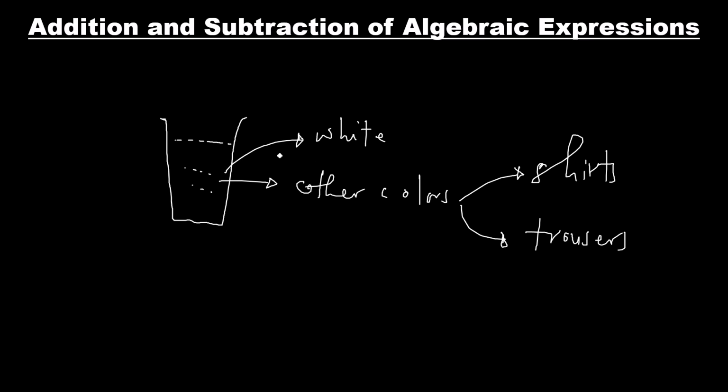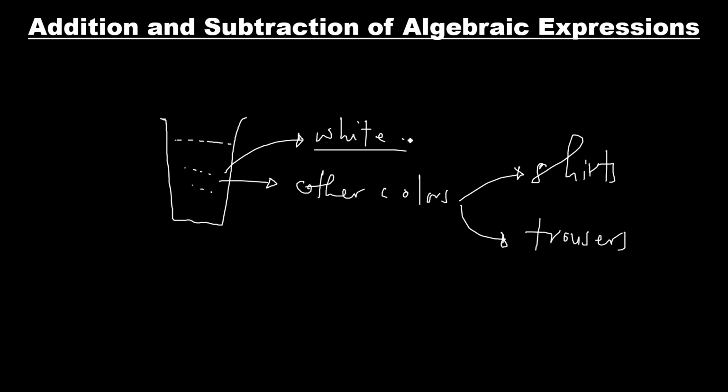So for the first division, all the whites go to one side, the other colors go to another side. Then with the other colors also, we might split them into shirts and trousers before we start washing. We actually do not mix the whites and the other colors and then just start washing like that. It doesn't work that way. We do not do that.